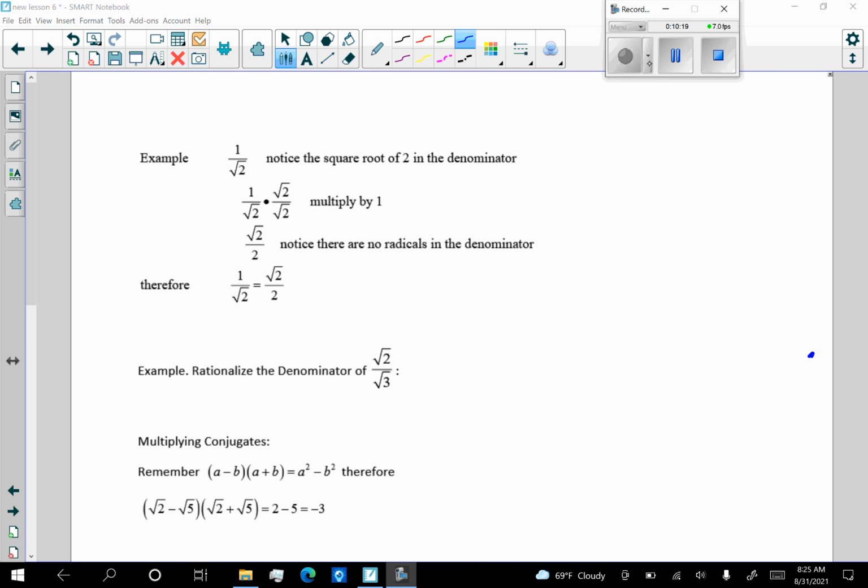For a radical expression to be simplified, there can be no roots in the denominator.